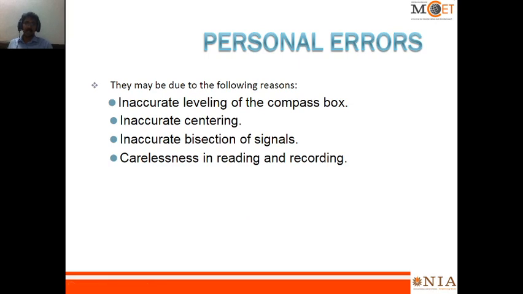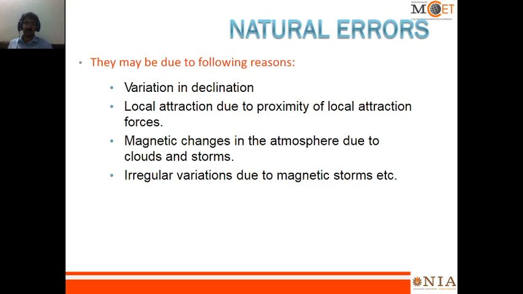Personal error: inaccurate leveling of the compass, inaccurate centering may lead to bearing deviation, inaccurate bisection of signal, not seeing the proper object, carelessness in reading and recording. If we look at one reading and write some other thing, these are the personal errors.